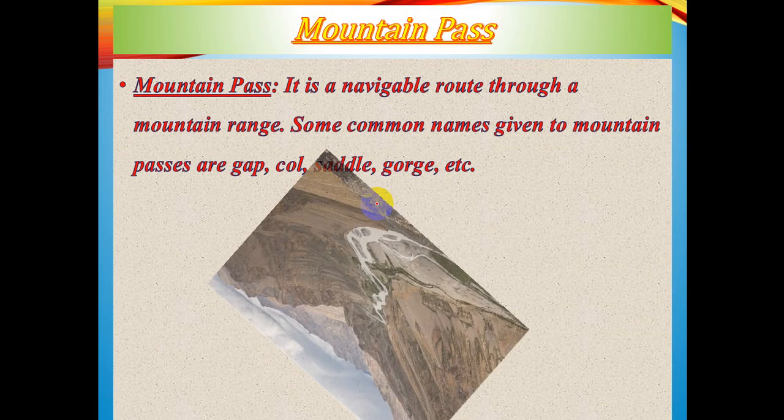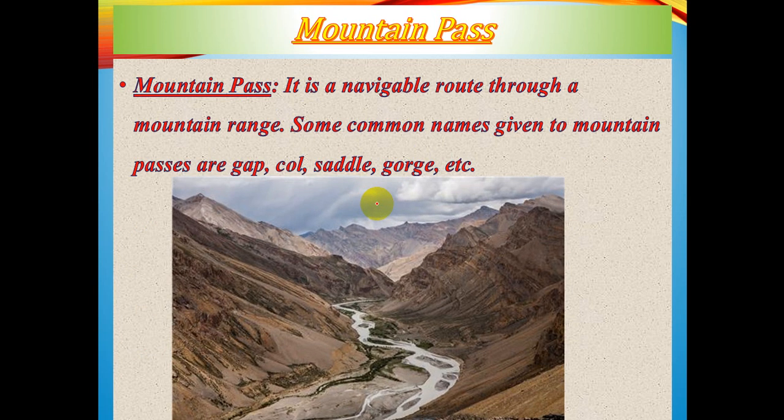Next, it's related to mountain pass. Now a mountain pass is naturally developed, it's not constructed by human activities. It has been developed when the mountains are in the process of formation.